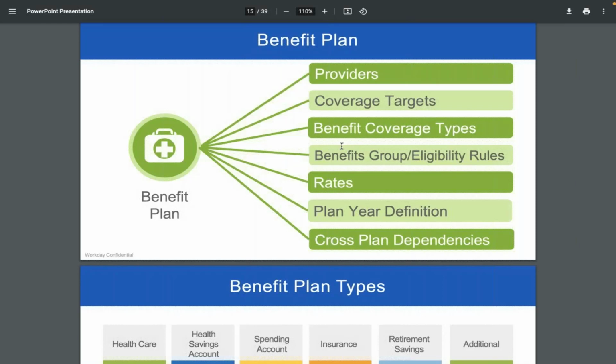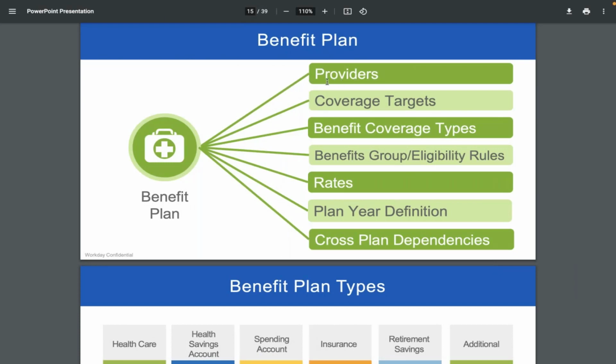The cost of having the benefit will be paid by the employer, while the medical bill or anything of that nature will be paid by the provider. Correct. So here, employee and employer together will contribute some amount. It depends. In some companies only the employer will do it.